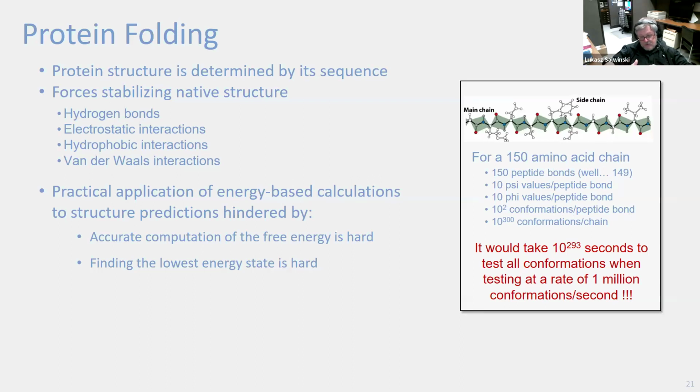Then you've got the initial trial model that might be close to the global minimum, and then you try to sample conformations around that. This is roughly what the Rosetta program does.